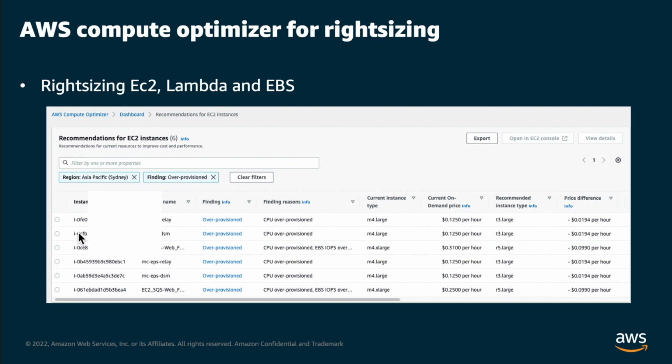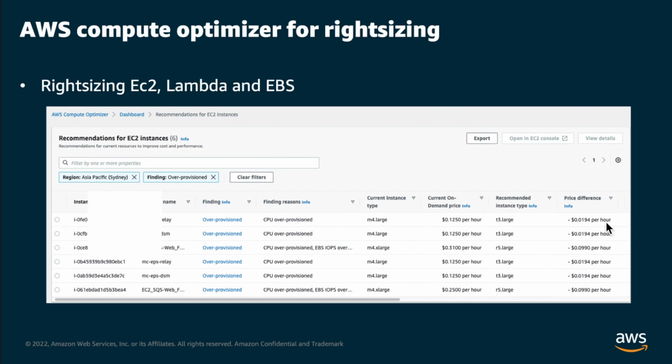So it will tell you, okay, this is over provisioned, so it means that you have an opportunity to save costs. Currently you're using an M4 large, it tells you the instance, and then it tells you which instance you should go to, in this case the M3 large, and also tells you the price difference.